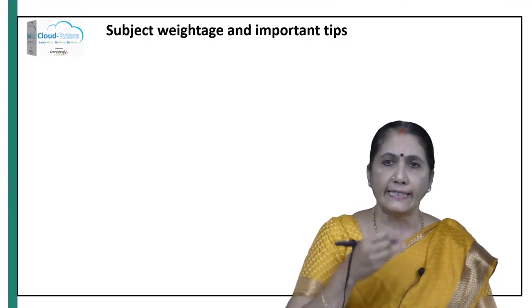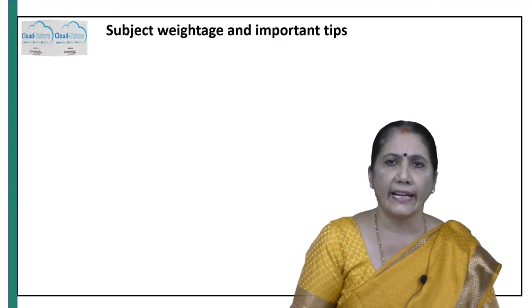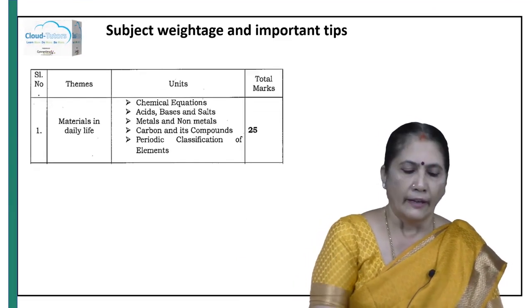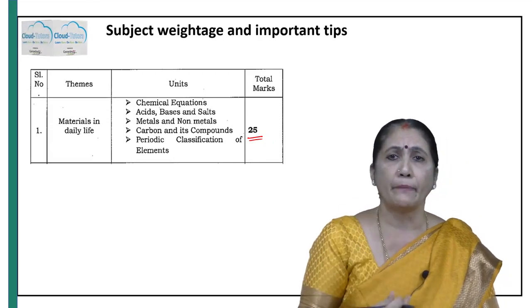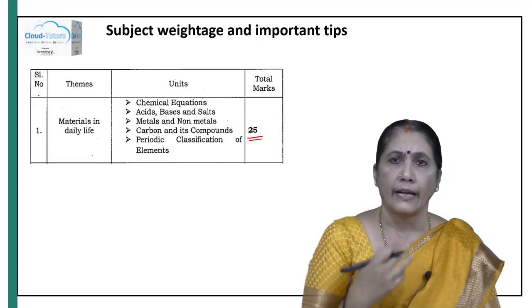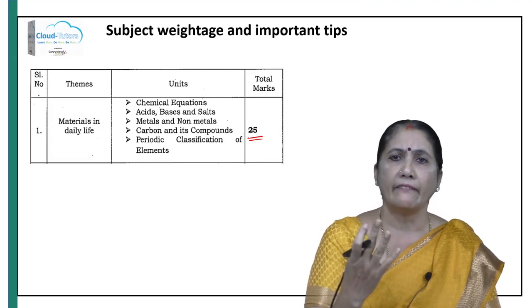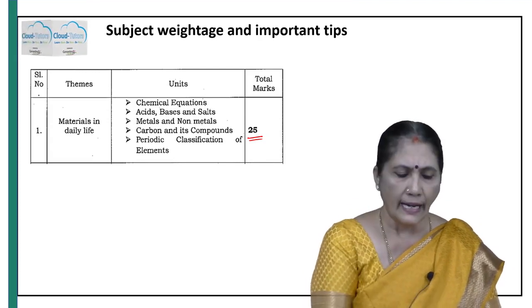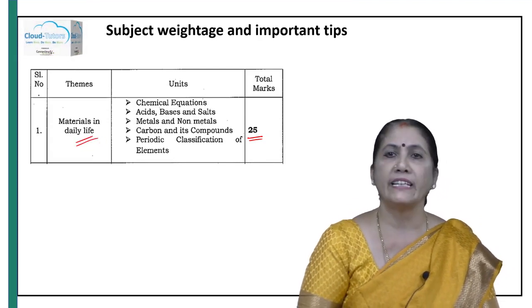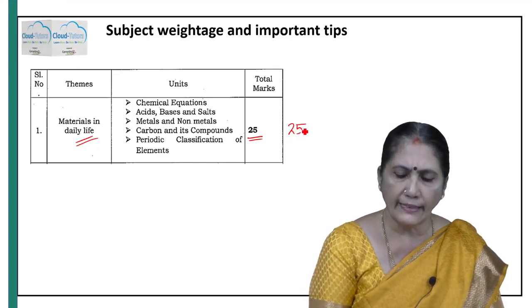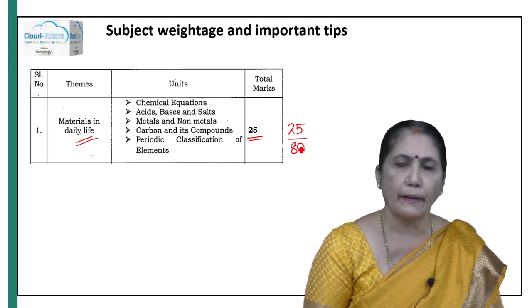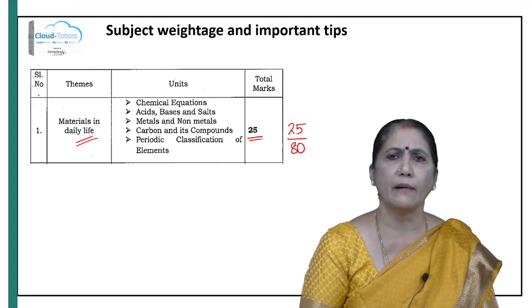Now, let's come to the subject weightage. You know that the entire chemistry paper is going to be getting covered for 25 marks under the aspect of materials in daily life. So, the total marks of the entire science paper is going to be for 80 marks.